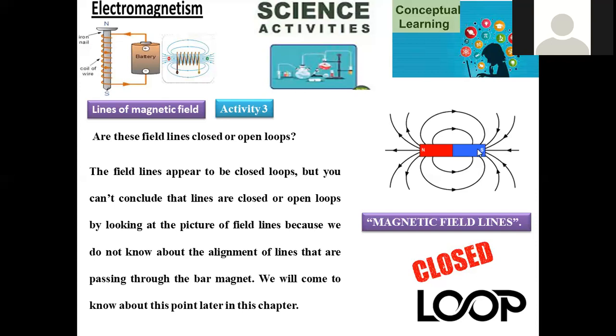But when we look into the depth of the concept, we can't conclude whether it is closed or open just by seeing a picture of the field lines, because we do not know about the alignment of the lines passing through the bar magnet. We will come to know about this point later in this chapter. A detailed explanation will be given in a further session.